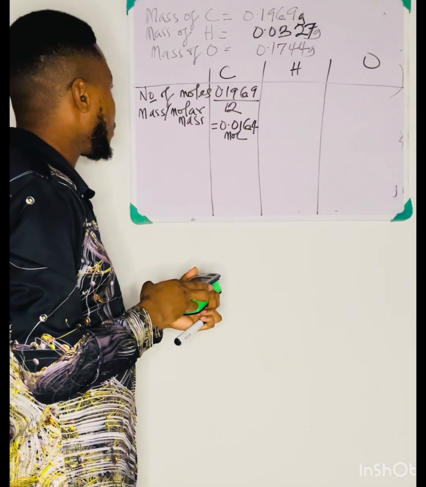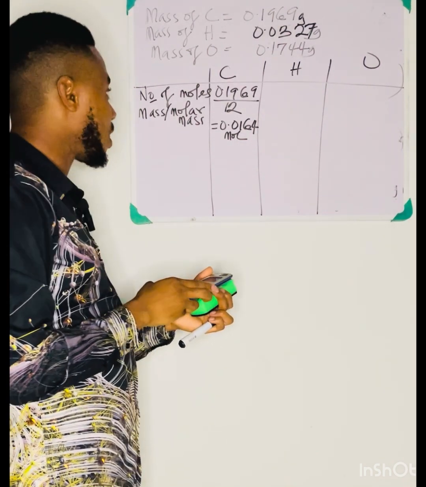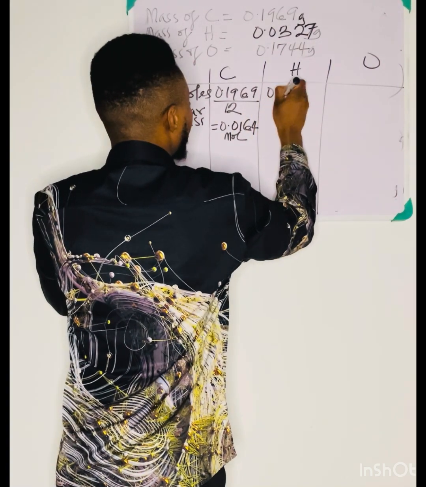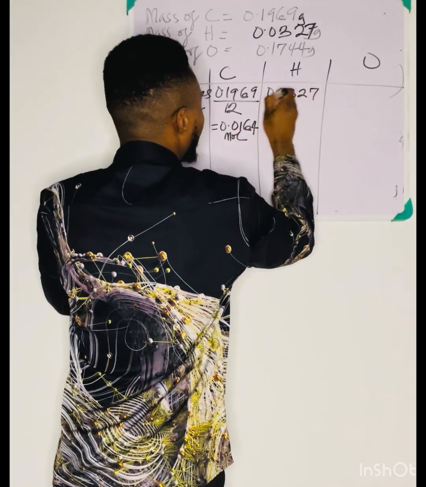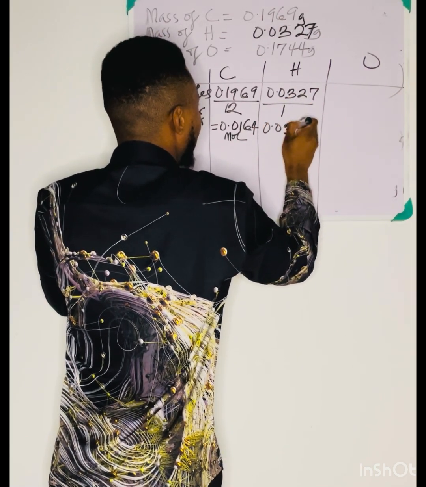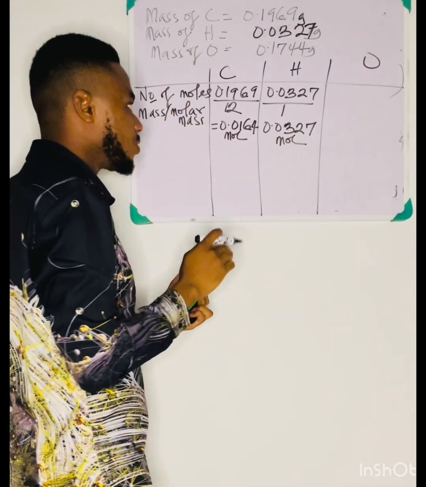Now for hydrogen, 0.0327 divided by the molar mass of hydrogen, which is 1. Of course, 0.0327 divided by 1 will still give us 0.0327 mole. You have to be very careful with your values.